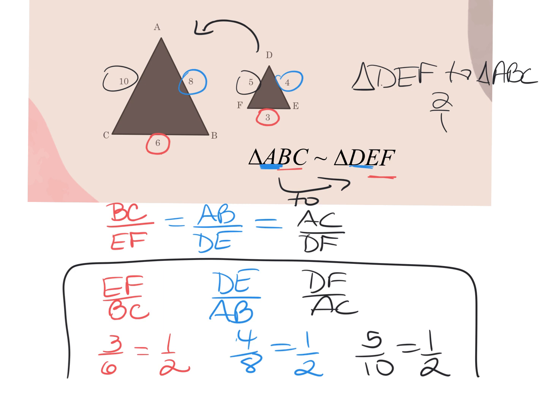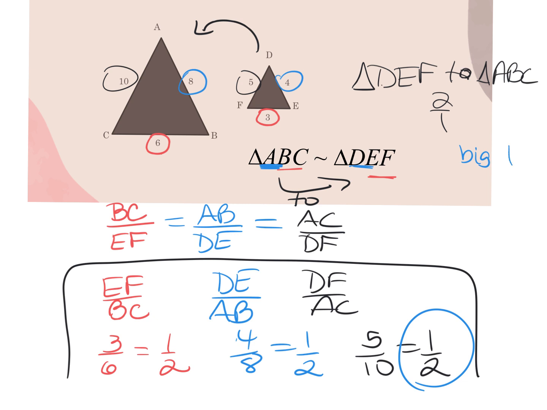So just make sure when they ask for a scale factor, if they specify the order of how you change the picture, you need to pay attention to it. Anytime the picture gets smaller, your scale factor is going to be less than 1. But when the picture gets bigger, it's going to be a number greater than 1.